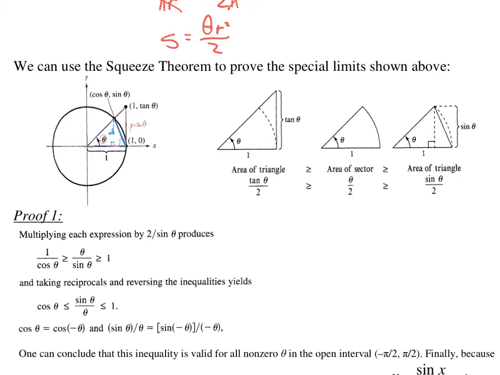Okay? So if I multiply this by 2 over sine theta, 2 over sine theta times sine theta over 2 equals 1. 2 over sine theta times theta over 2 is where I get the theta over sine theta. The 2's cancel out. If I multiply 2 over sine theta by tangent over 2, the 2's cancel, but then I have tangent over sine.